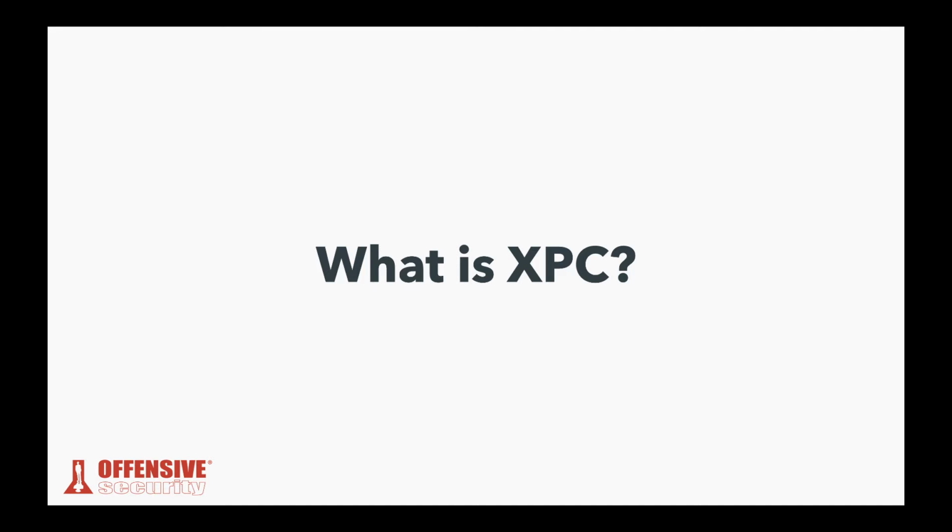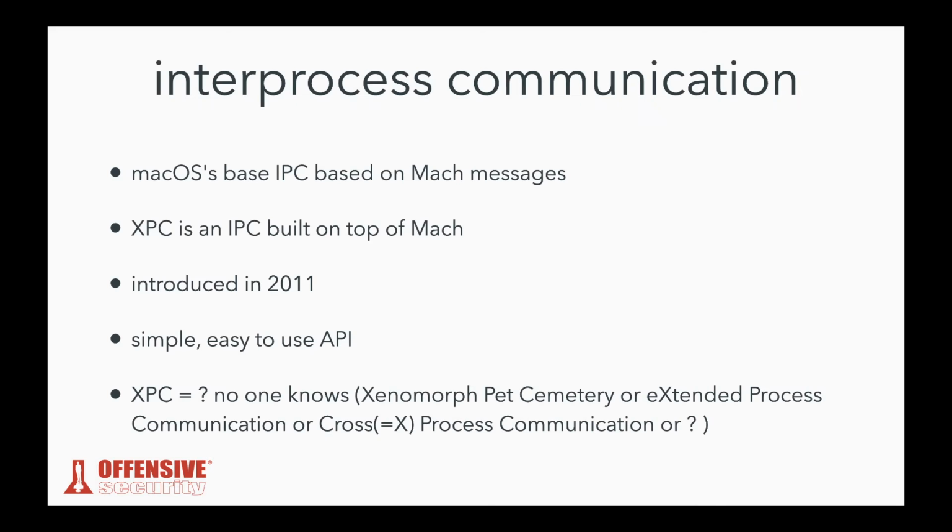But what is XPC? I keep talking about XPC here. It's an interprocess communication mechanism. macOS IPC is based on Mach messages. At the core layer, everything is going through Mach messages, including the kernel itself. Now, XPC is an IPC built on top of Mach messages to make it much simpler. It was introduced in 2011, and it has a really simple, easy to use API.